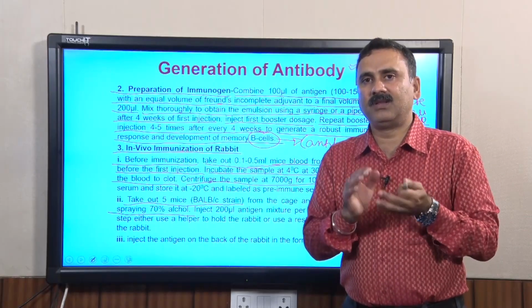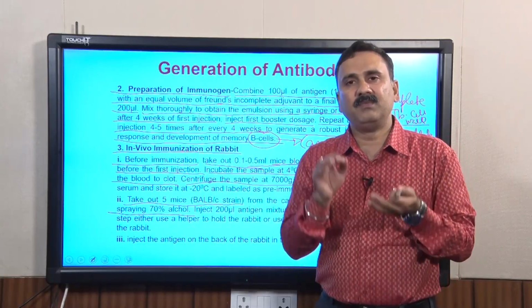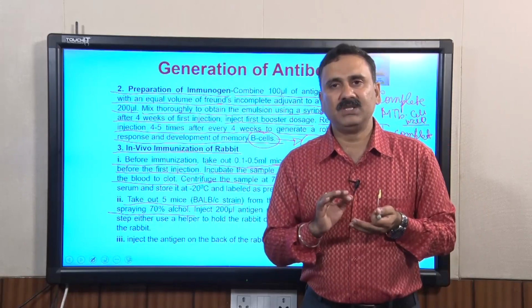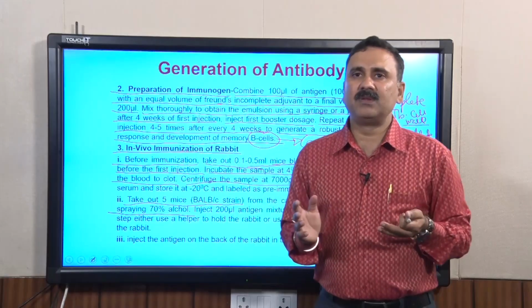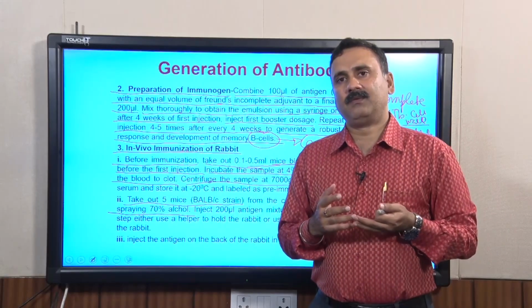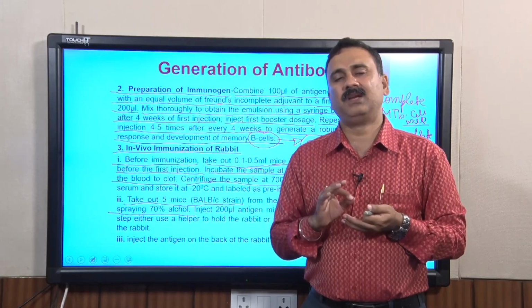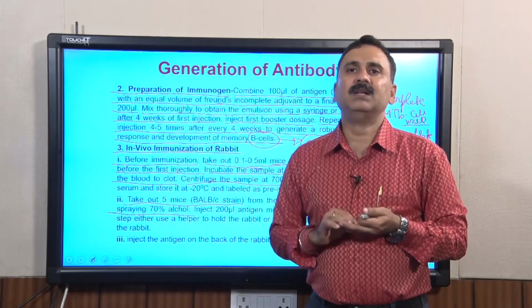That does not mean that you just take the animal and dip it into the alcohol; you just sterilize the area where you are going to have the injection. You might have seen many times when doctors withdraw blood from your body, they first sterilize that area with an alcohol swab, and then they inject the needle.